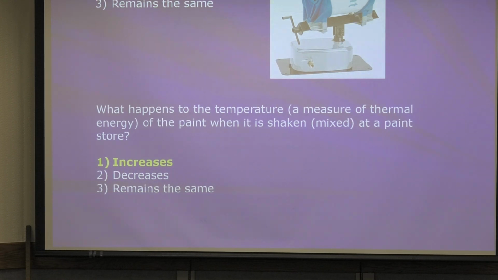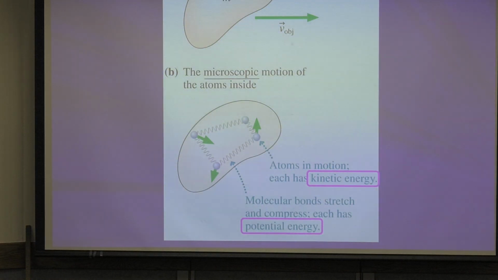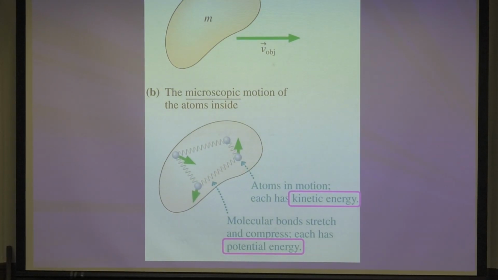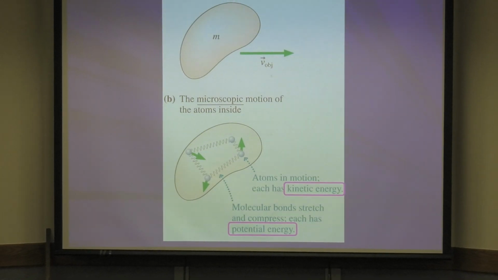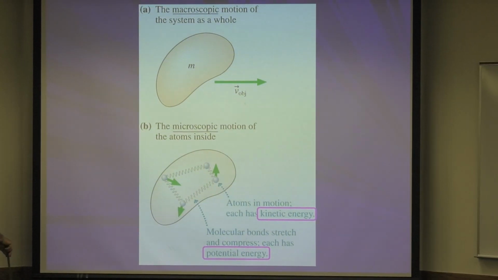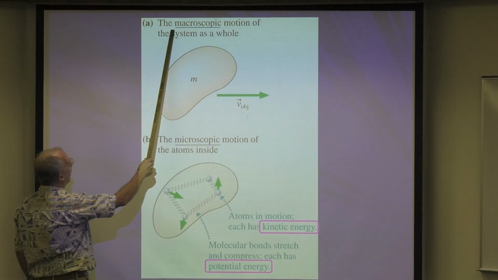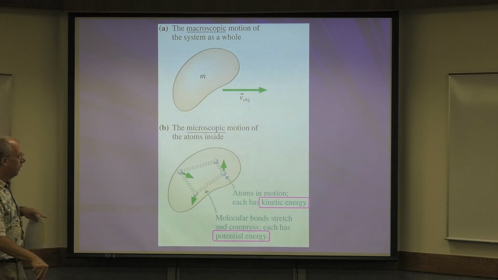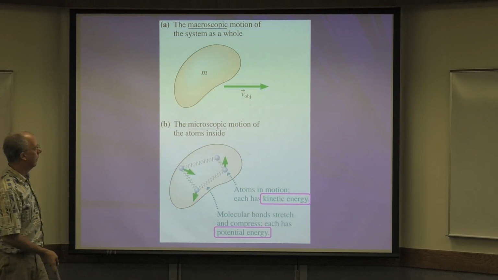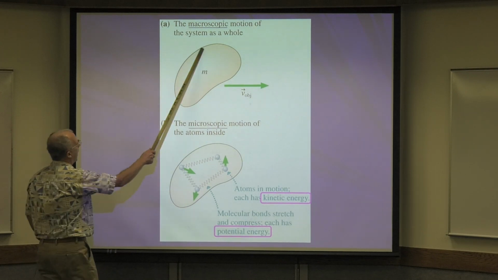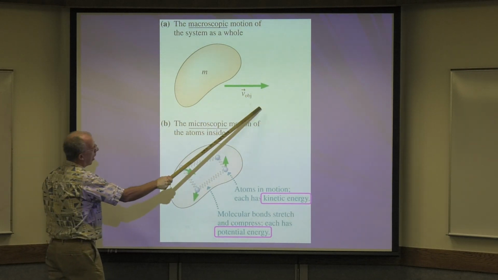Okay, so we want to talk about macroscopic versus microscopic. So, macroscopic. This means you're looking at the system as a whole, like a person or something like that, moving. So this is the big blob, mass M moving with some velocity.